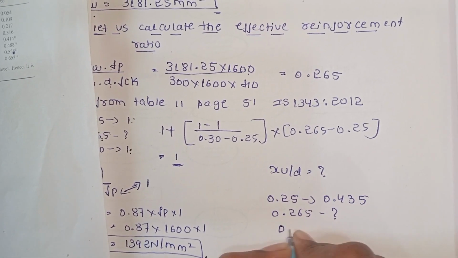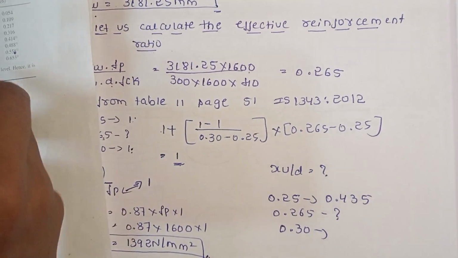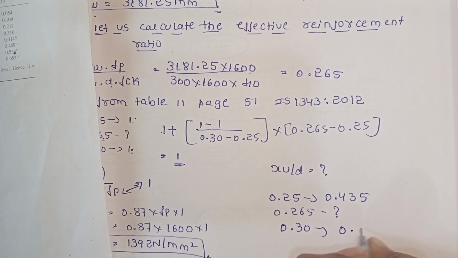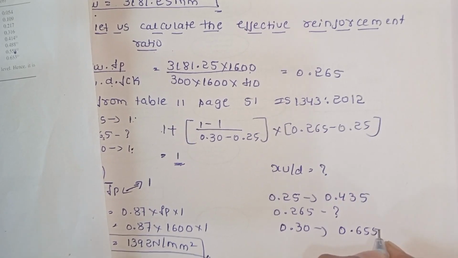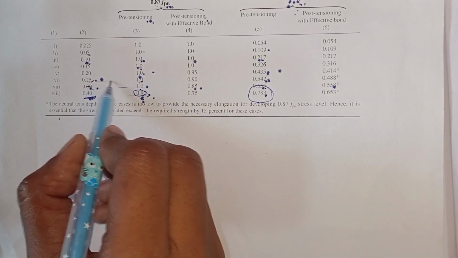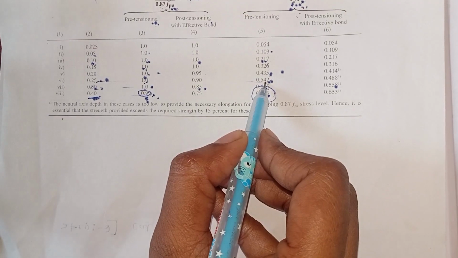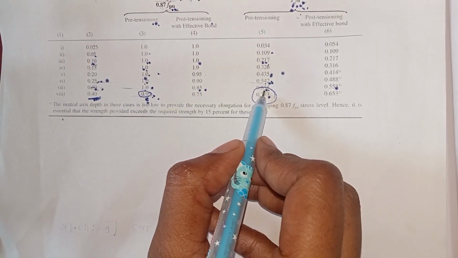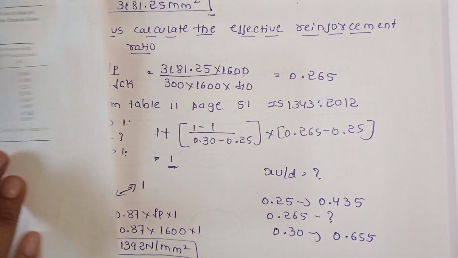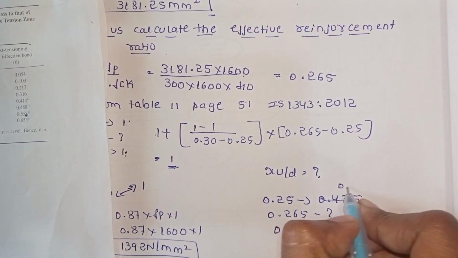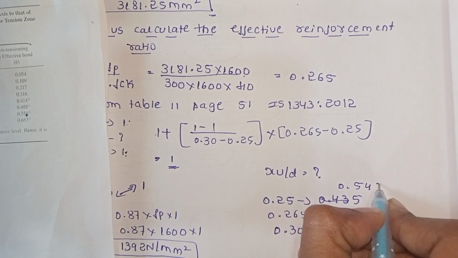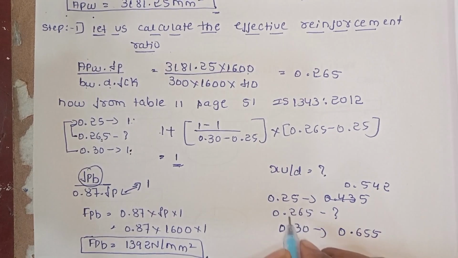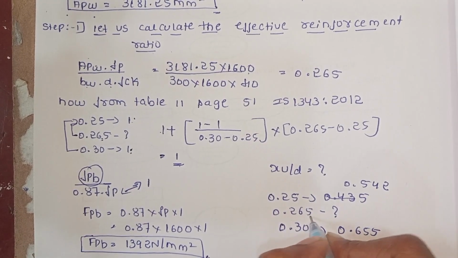For 0.30 corresponding value is 0.655. So 0.25 corresponding value is 0.542. Again 0.30 corresponding value is 0.655. Sorry, this is 0.542. Now with the help of interpolation we want the 0.265 corresponding value.